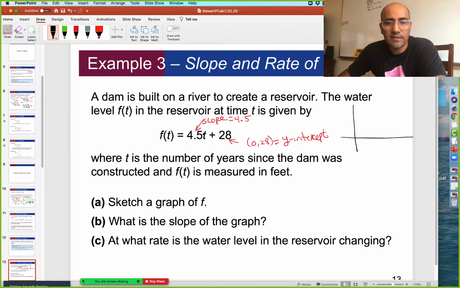I know it's got a positive slope, I know the angle is going to be this way, and I go through the point (0, 28). So maybe something like this, where this point right there is the point (0, 28).